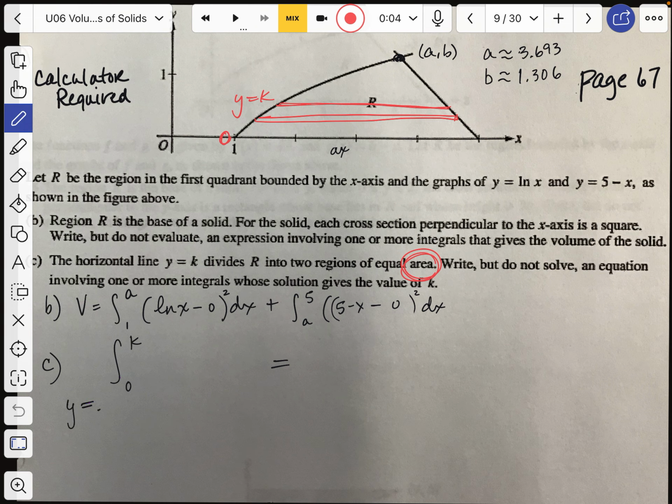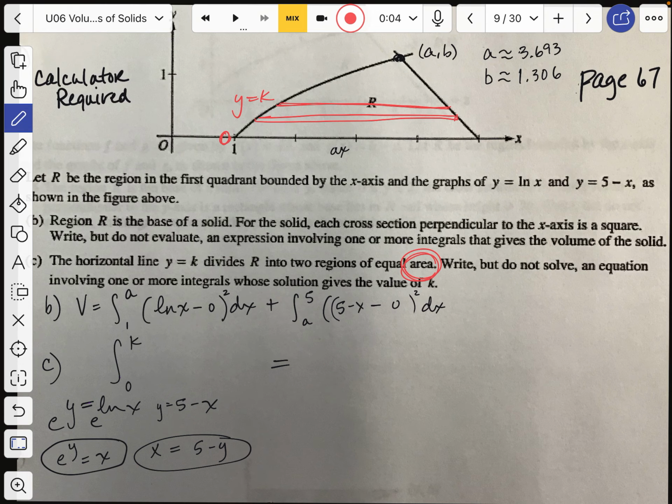So I'm going to take each of these functions, natural log x and y equals 5 minus x, and solve for x. In the first equation, I'm going to exponentiate, so e to the y is equal to x. In the second equation, I'm going to add x and subtract 5, so x is going to be 5 minus y.